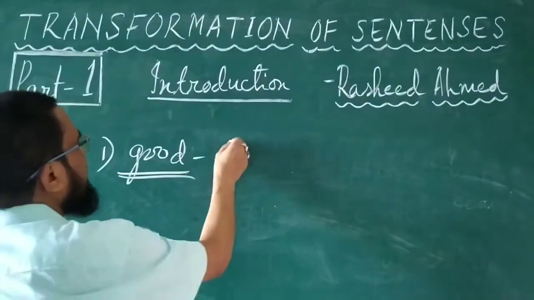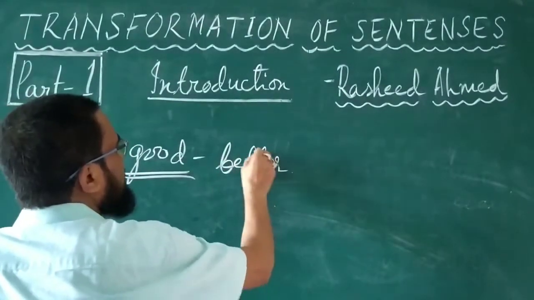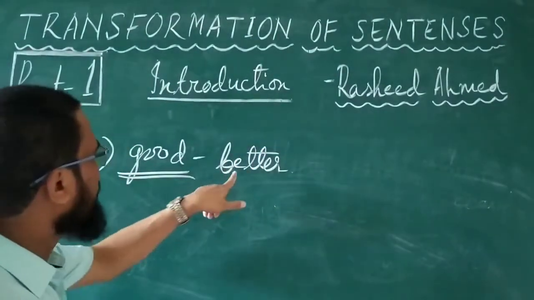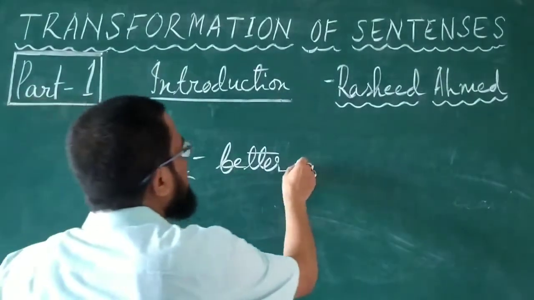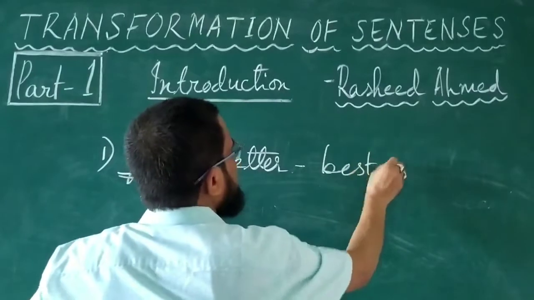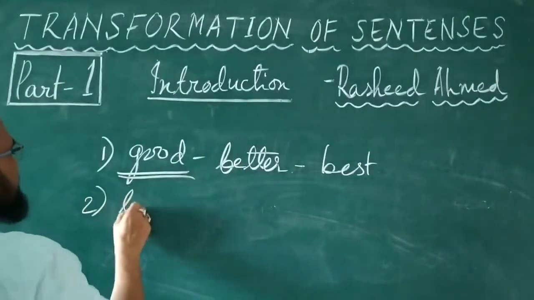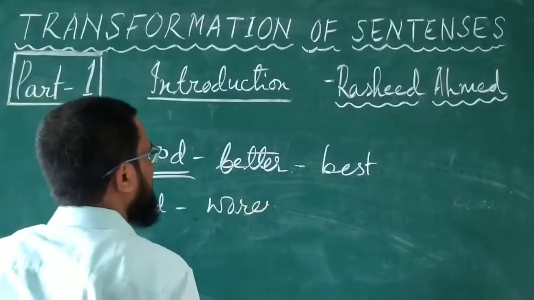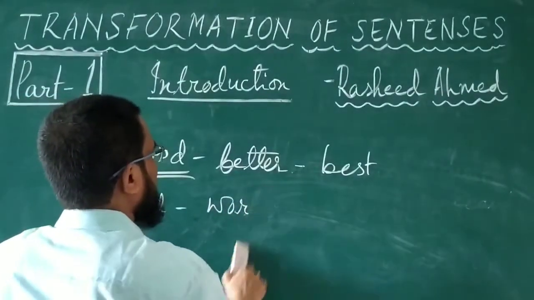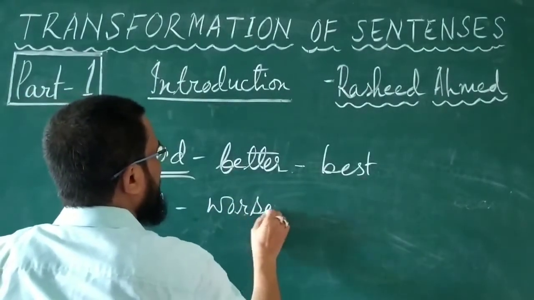For example, you will write better, and see the word better has no part common with the word good. It is a completely different word. Then you will write best. The same is the case with bad. You all know these things, I hope. Worse. And then worst.